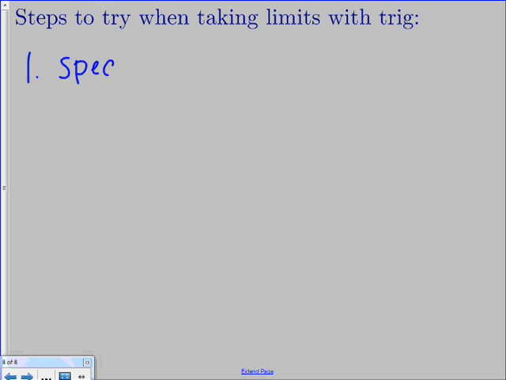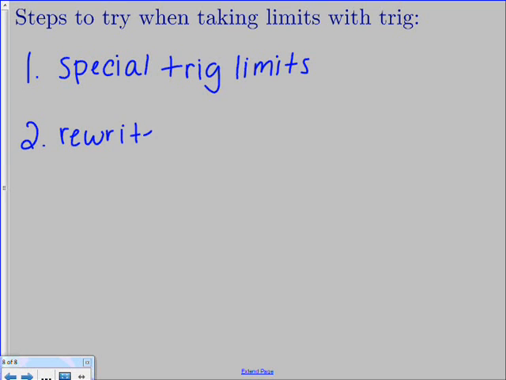So you're going to try and manipulate, just like we did in that last example, to make the problem look like one of those special trig limits, so you can just use those rules and find your answer. The second step we're going to do is what I'm going to call the rewrite and rearrange step. And this just means you're going to rewrite things and then rearrange them and simplify to try and get an answer.